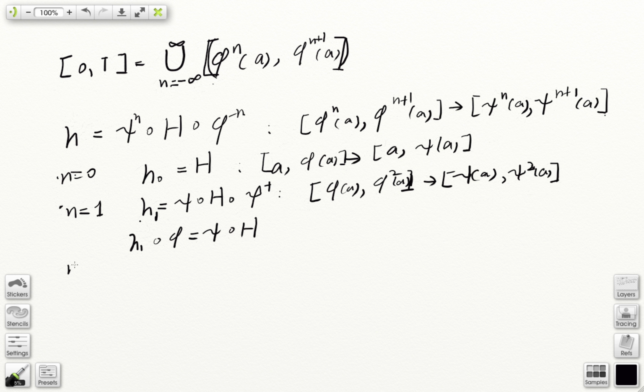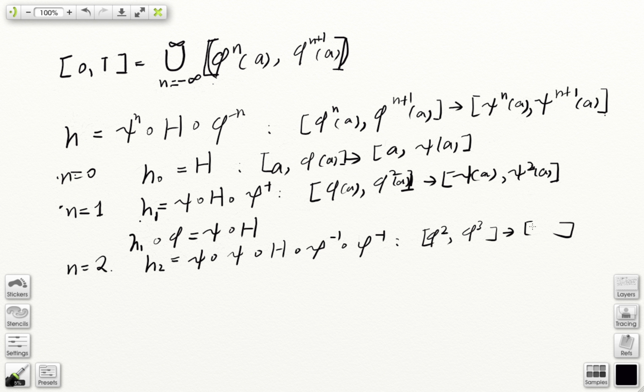Let's do another one. For n equals 2, h2 is psi compose h compose phi inverse compose phi inverse, and this is from phi^2 to phi^3 to psi^2 to psi^3.